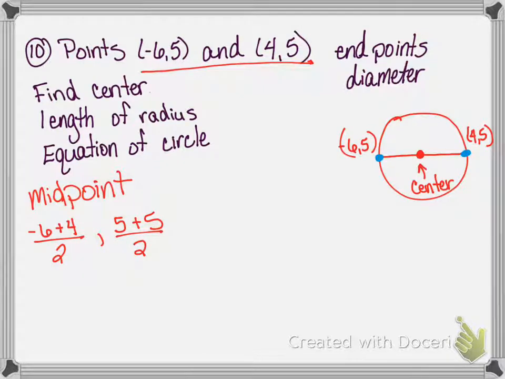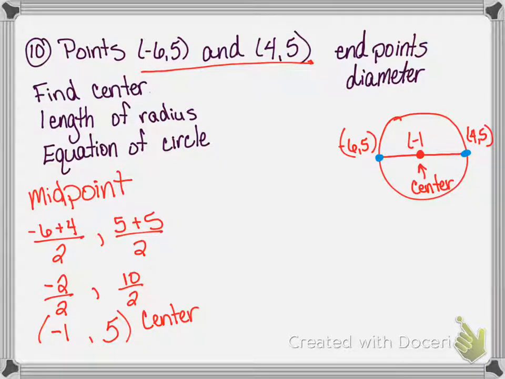So I have negative 2 over positive 2, which gives me negative 1. Then I have 5 plus 5, which is 10. So 10 divided by 2 is 5. Okay, so that gives me the center of this circle. So the center of my circle is negative 1, 5.